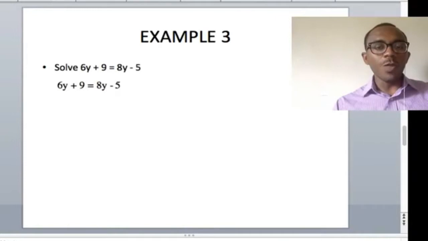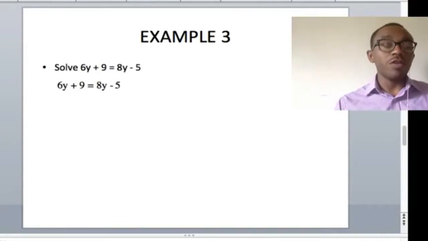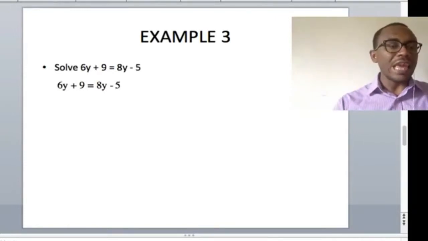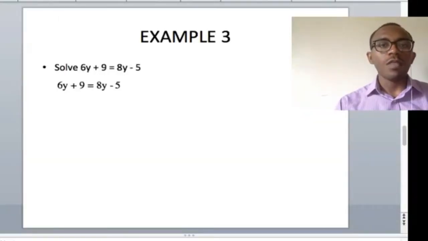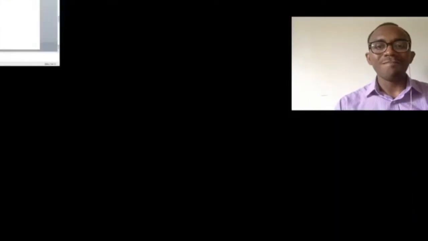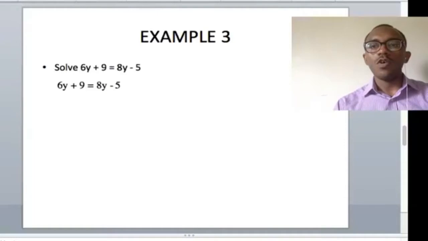Make sure that all the variable we are solving for is on one side and everything else on the other side. So we are solving for which variable? Y. Do we have all the y's on one side? It doesn't seem so. We don't have all the y's on one side.